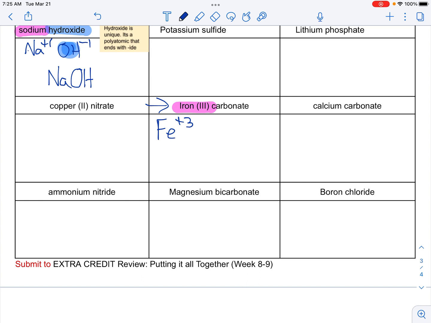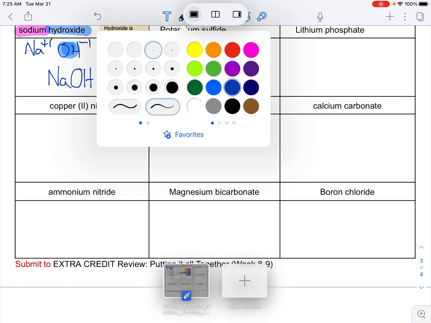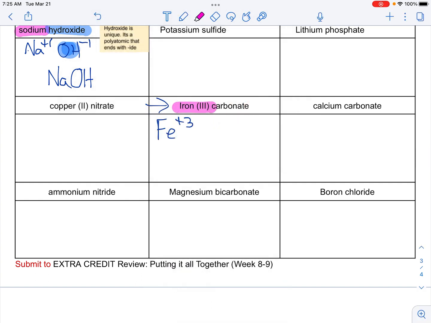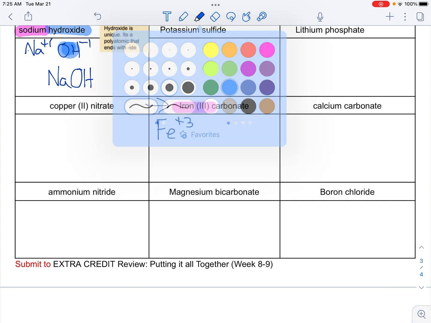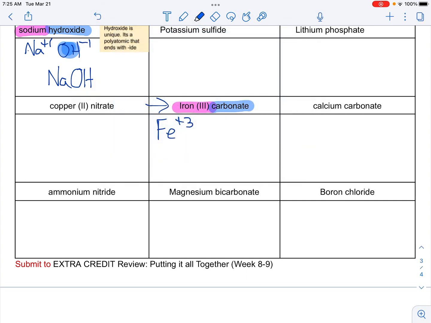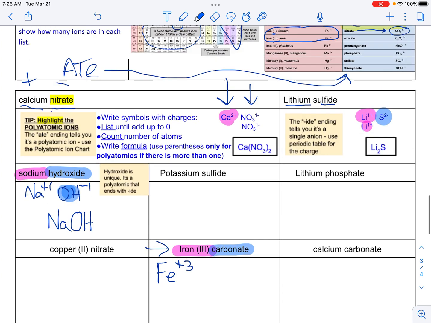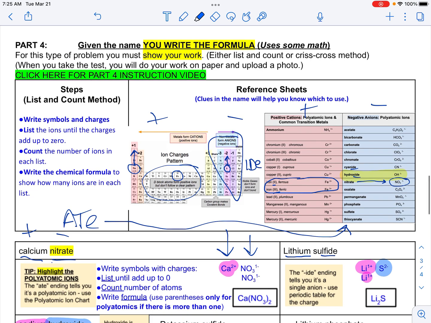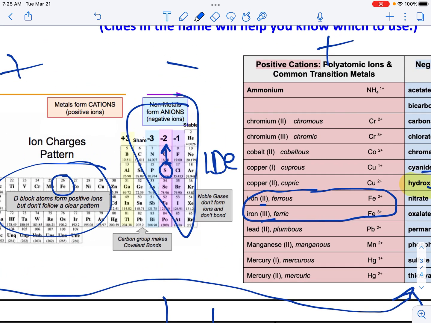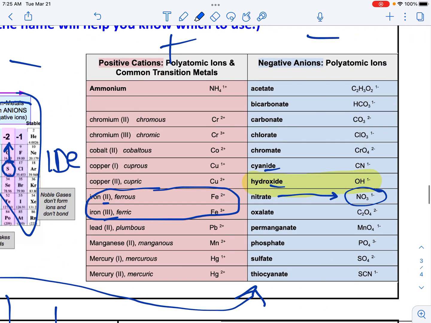The second part of the word, we go back to what we learned before. It's carbonate. That ATE ending tells you you're looking at the ion chart. Remember, the IDE endings are usually on the periodic table. The ATE endings are on the ion chart.